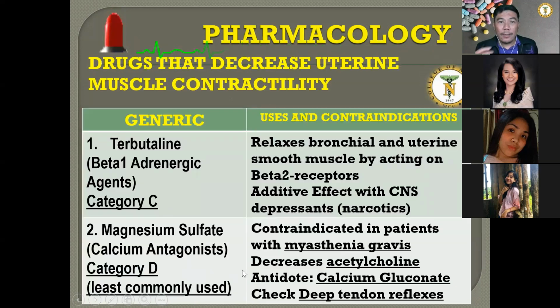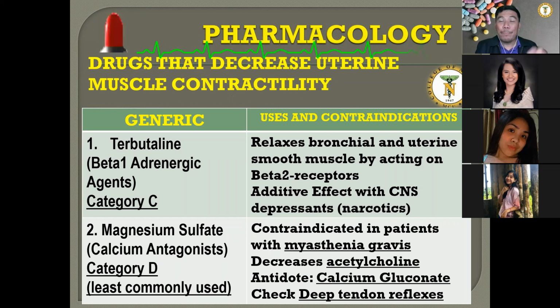So let us start with the drugs that decrease uterine muscle contractions. The most common drug used as a tocolytic, especially in the delivery room when you are in labor, is what we call terbutaline. Actually, terbutaline, if you can see in the projection of the classification, is a beta adrenergic agent.